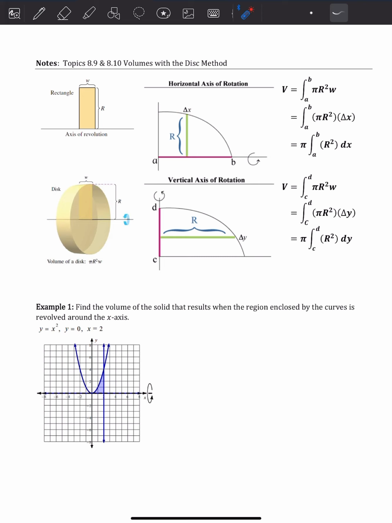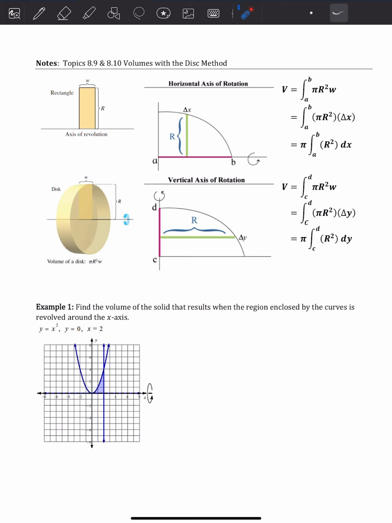So our formula for the disk method is that volume is equal to pi times the integral from a to b of r squared dx. The big thing that we need to find is the radius, or the distance between the axis of revolution and our function. The same thing goes for when we do it vertically. We're just looking at that distance in that right minus left format.